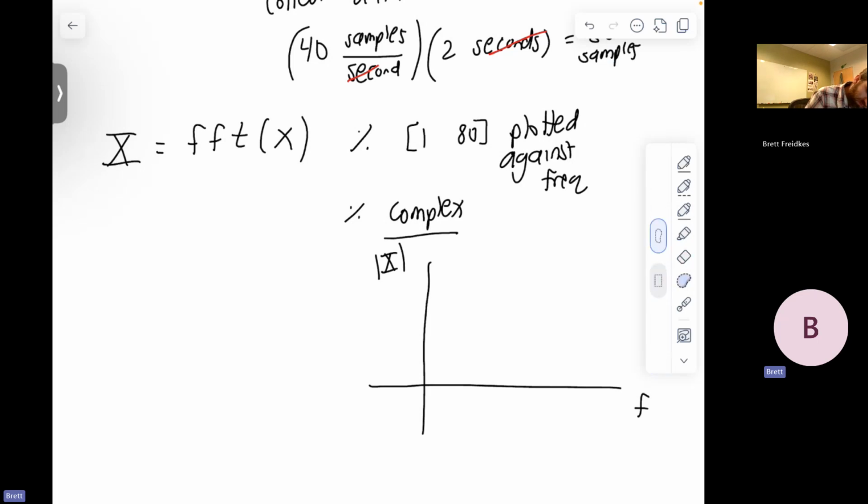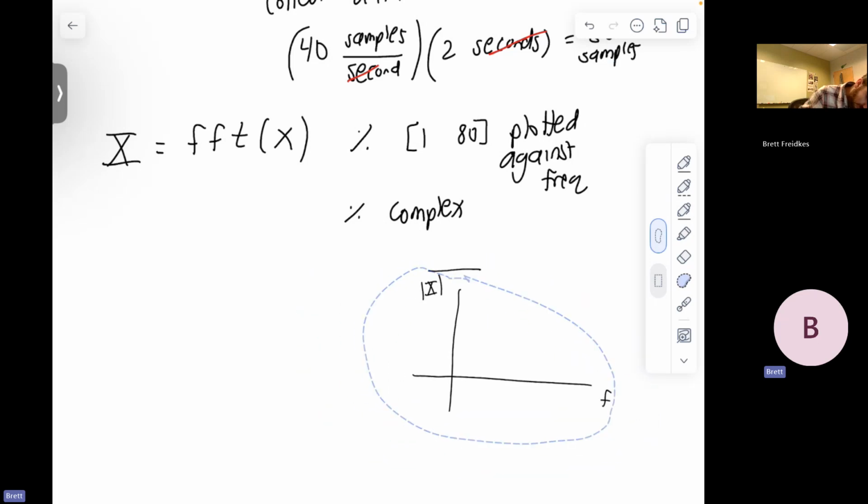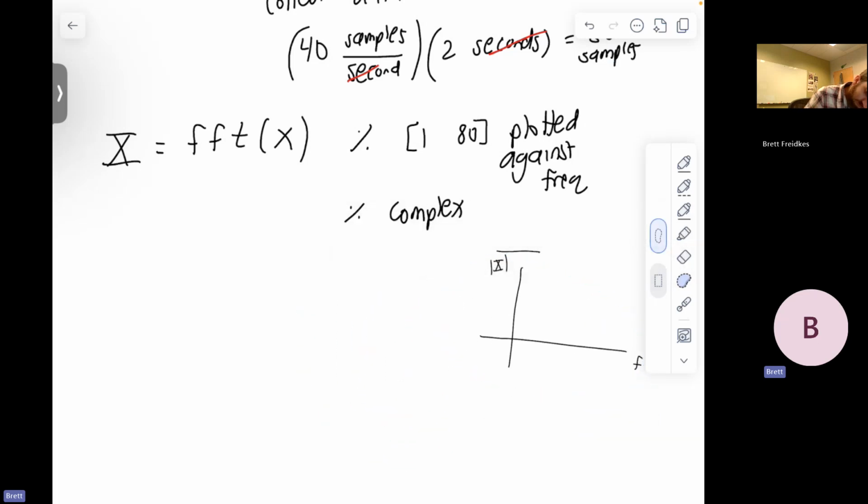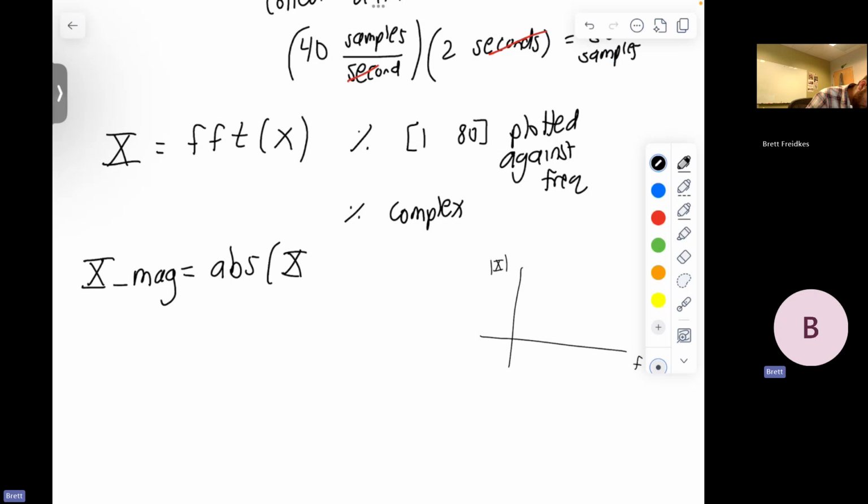Let me go ahead and make this a little bit smaller. Still don't know how to work this in perfectly. Okay, good enough. So, to do that in MATLAB, I'm going to go ahead and take the ABS of X. Now, these are all real values.